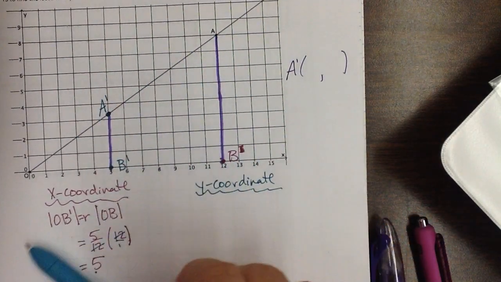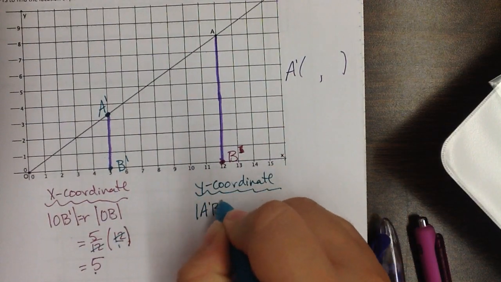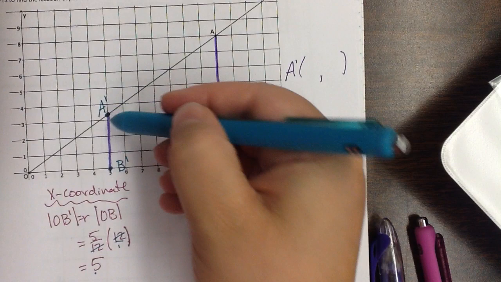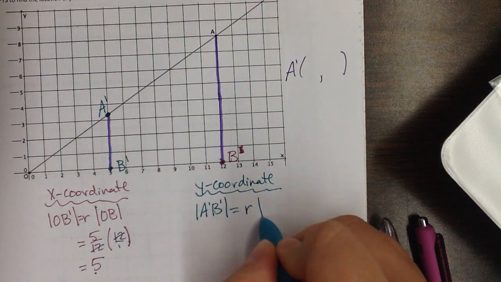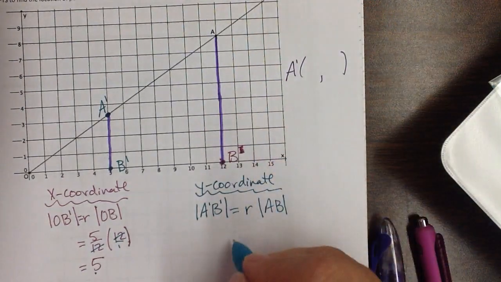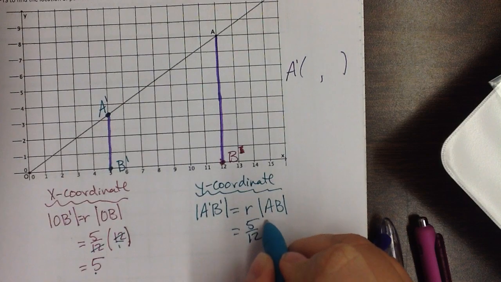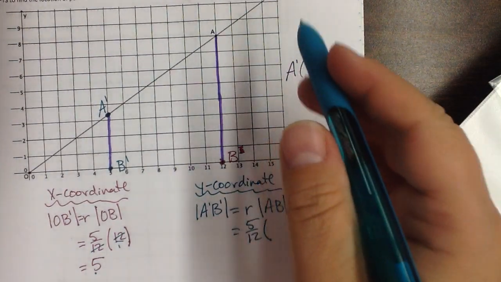So that's why here I'm going to say the distance from A prime to B prime, because that's one of my parallel lines, equals the scale factor times the distance from A to B, my other parallel line. So 5/12 times the distance from A to B.